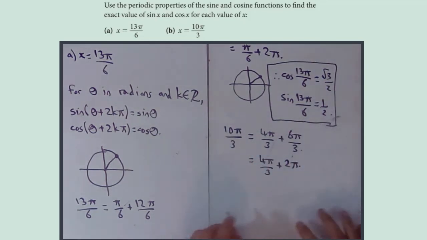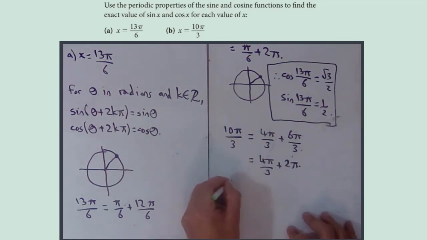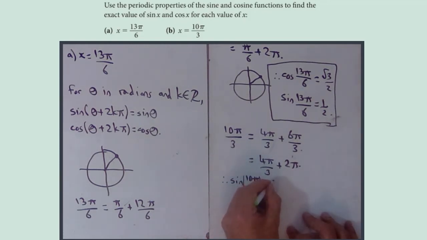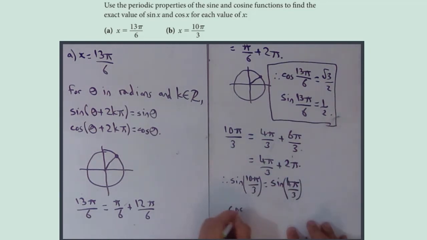So that means sine 10 pi by 3 equals sine 4 pi by 3, and the same is true for cos. Cos 10 pi by 3 equals cos 4 pi by 3.